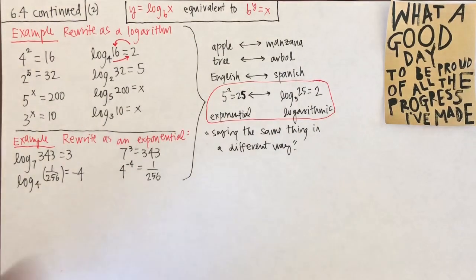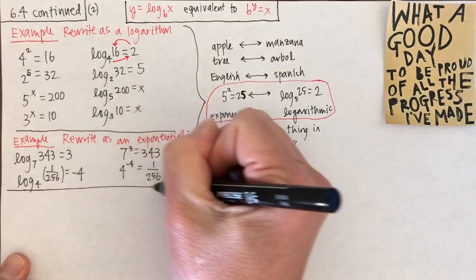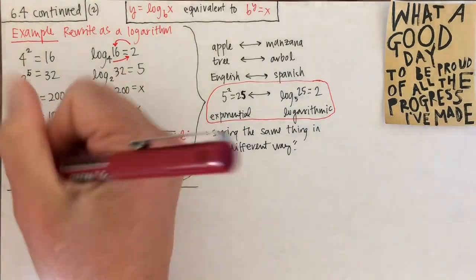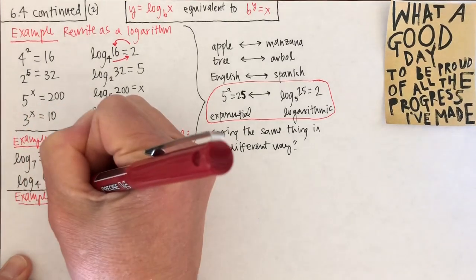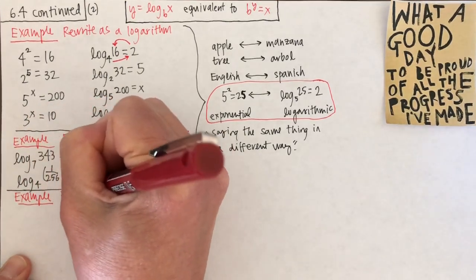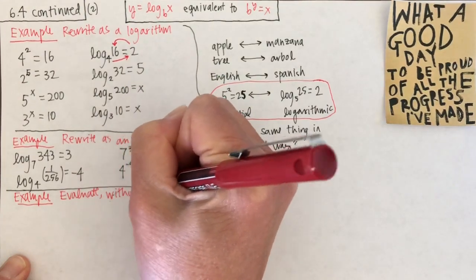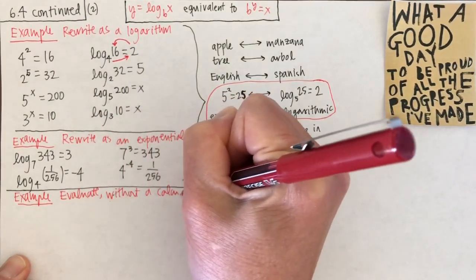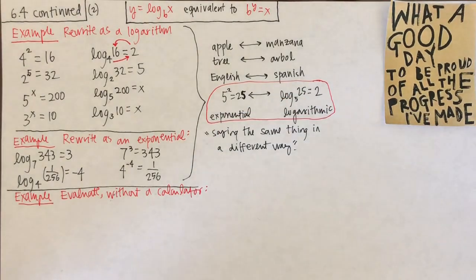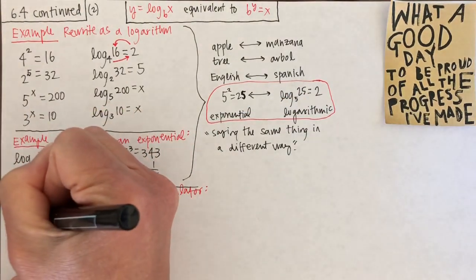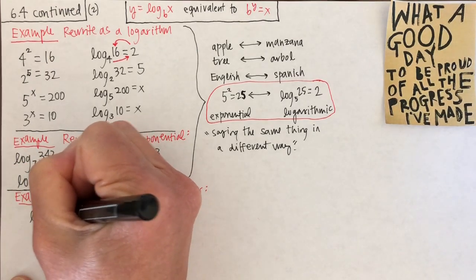Okay, let's try a different kind of example. We're going to evaluate some logarithms without a calculator. And the first one that we're going to do is evaluate log to the base 2 of 32.